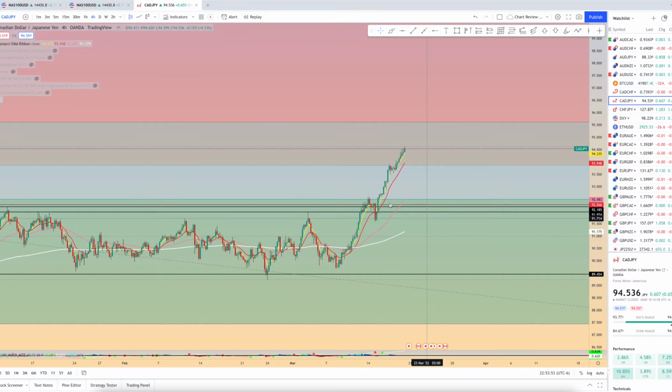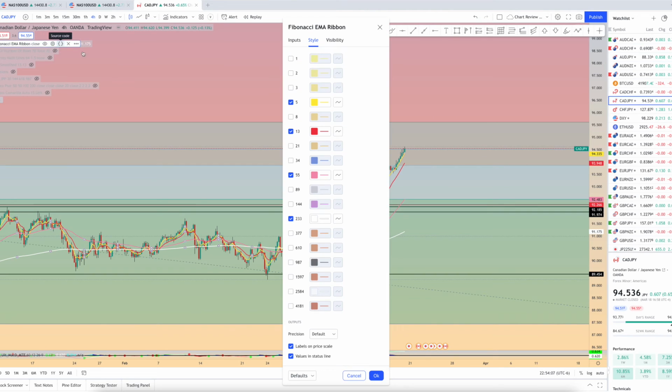And then especially if it crosses my pink or my white. I like using Fibonacci numbers, as you notice, Fibonacci EMA ribbon, right? So the yellow is a 5, the red's a 13, the pink is a 55, and my white, I believe, is, don't quote me, 233. I don't really need to use deeper levels when it just comes to the EMAs. Just personal preference.